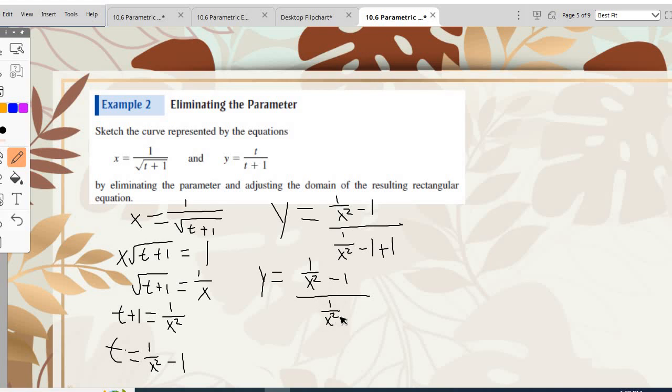Okay. And then what? Dividing by 1 over x squared is the same thing as what? Multiplying by x squared.